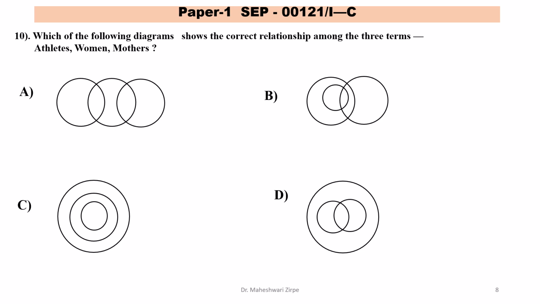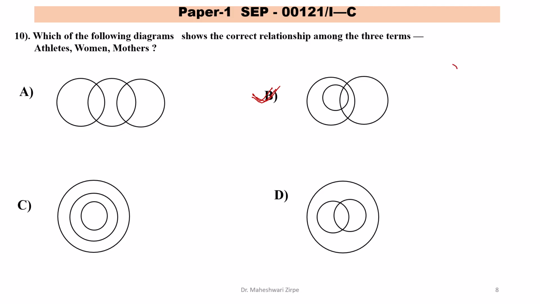As we know, some out of these may be mothers and some may be athletes, correct? According to the options they have given, option B is the correct one. Why? I'll explain this.